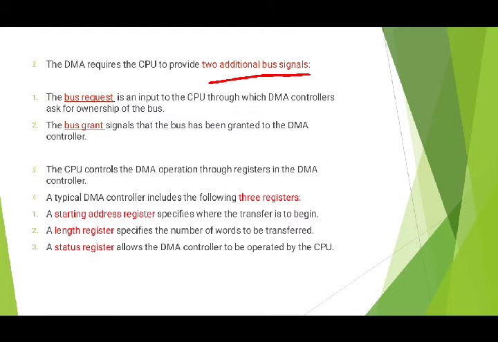The CPU controls the DMA operation through registers in the DMA controller. The DMA controller has three registers: the starting address register, the length register and the status register. The starting address register specifies where the transfer is to begin, the length register specifies the number of words to be transferred, and the status register allows the DMA controller to be operated by the CPU.